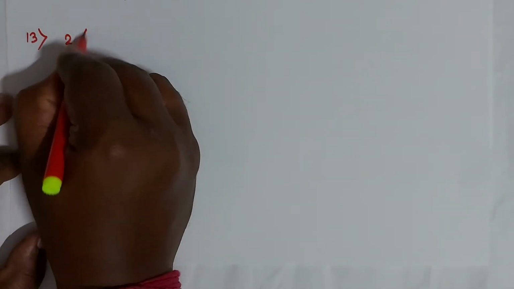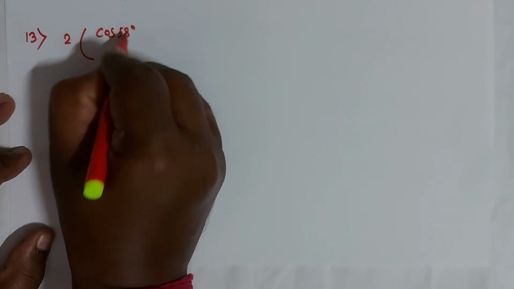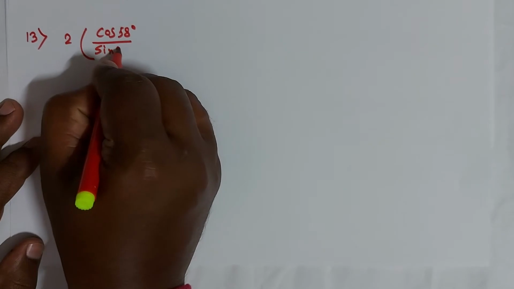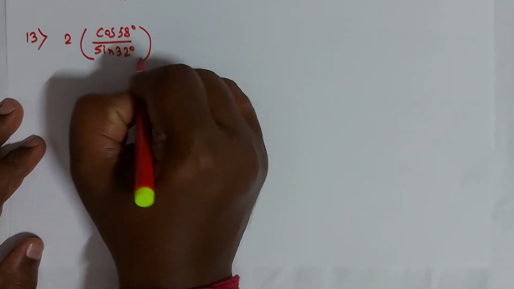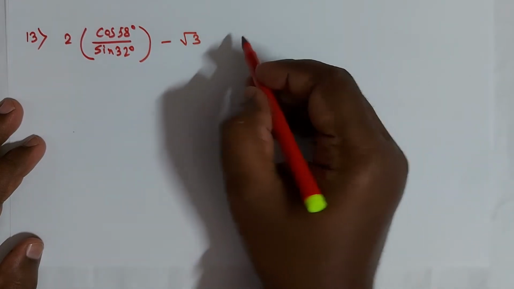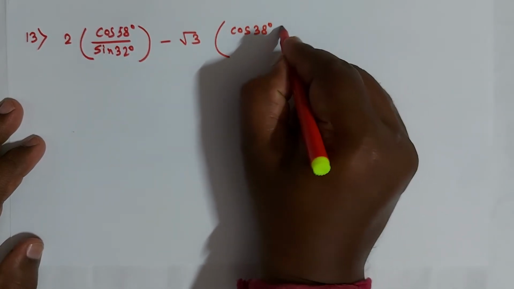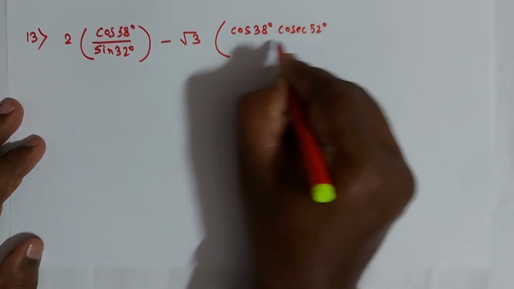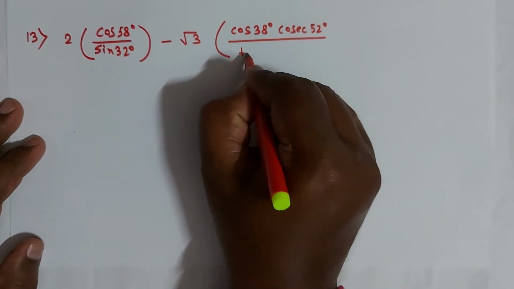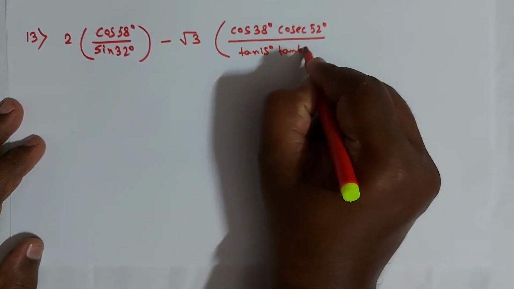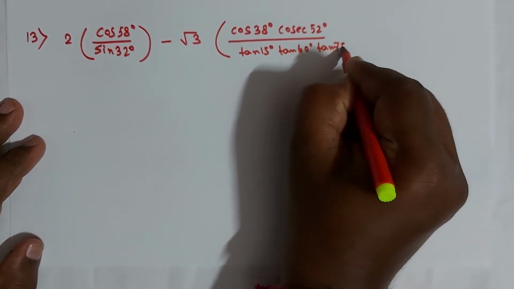Okay, in question number 13, 2 into cos 58 degree by sin 32 degree, minus root 3 into cos 38 degree cosec 52 degree by tan 15 degree, tan 60 degree and tan 75 degree.